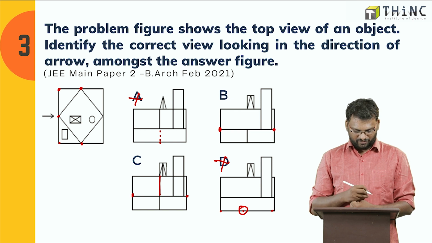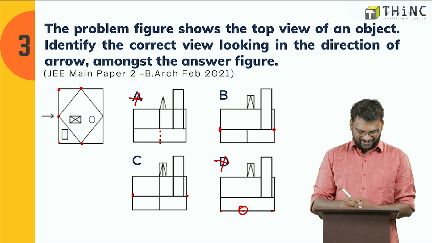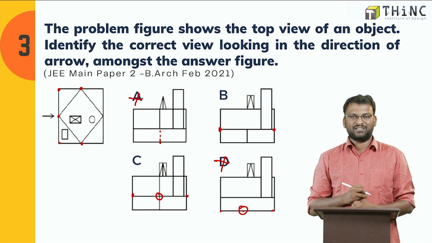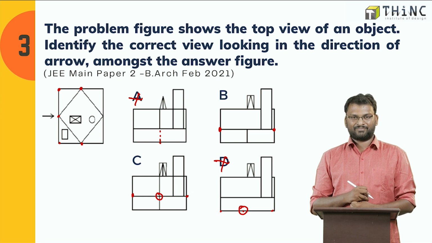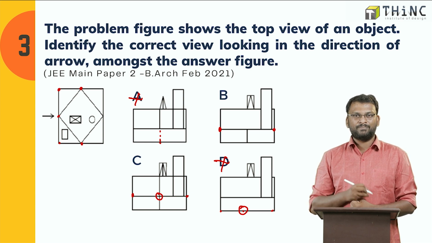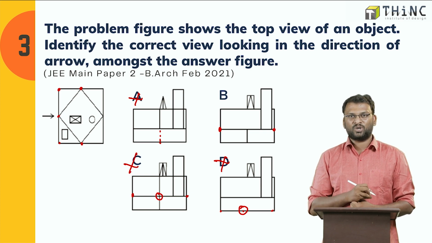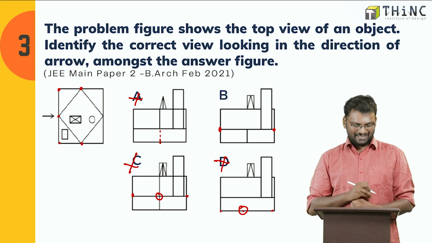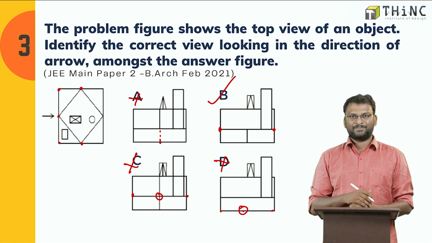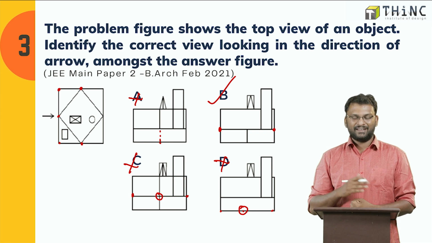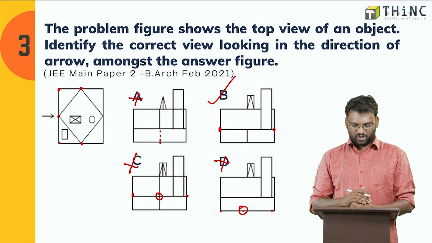In B and C you are able to find 2 vertices, but when you come over here, a third vertex associated with a line or an edge, you can find it over here. So obviously it couldn't be the answer. Option C is ruled out now. Now no one is remaining, so option B we can definitely find as the right answer. Option B is the correct answer over here.